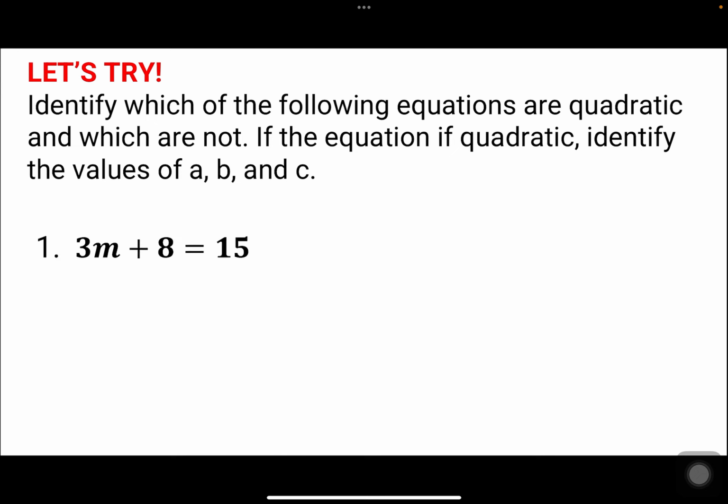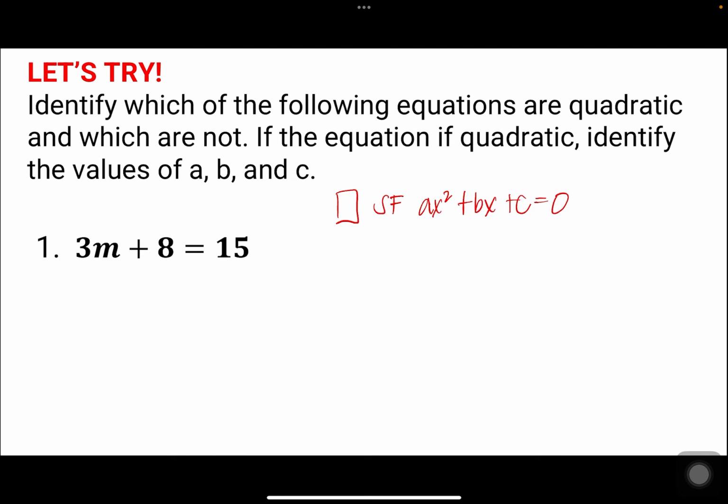Okay? So for number 1, if you have 3m plus 8 is equal to 15, is it a quadratic equation or not? So let's check first if it is in standard form. We have ax squared plus bx plus c is equal to 0.